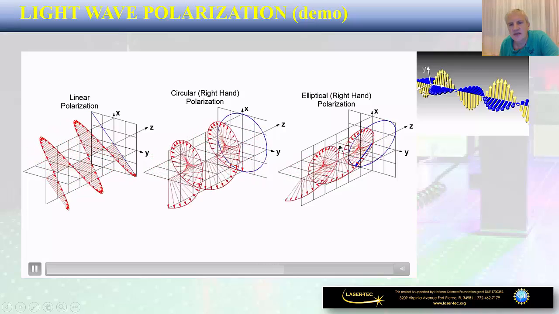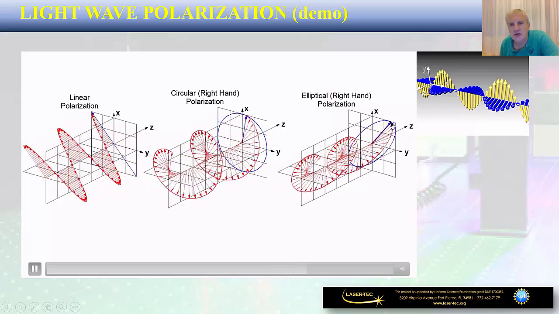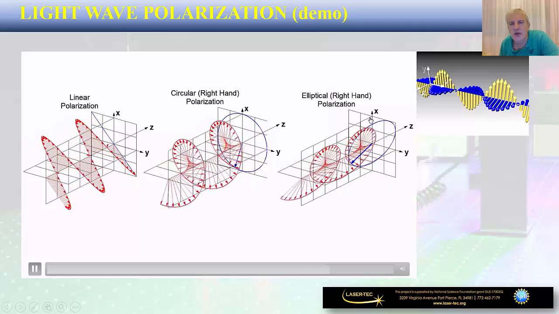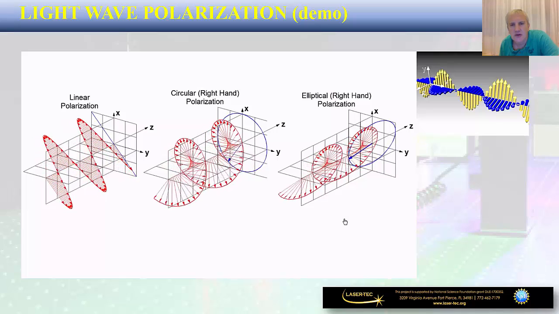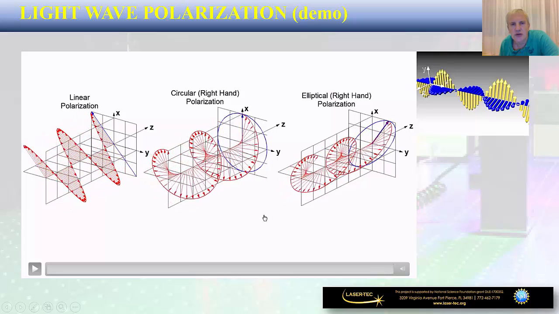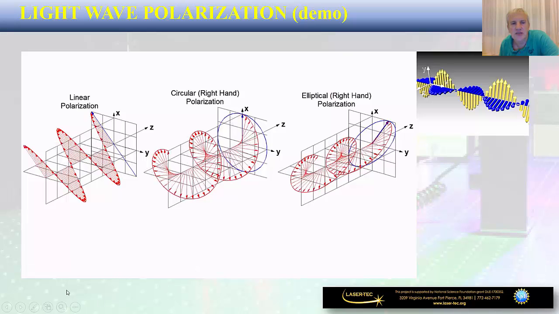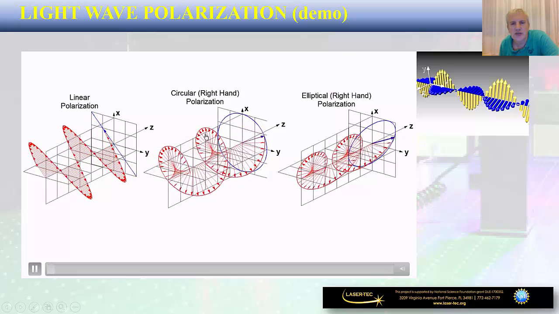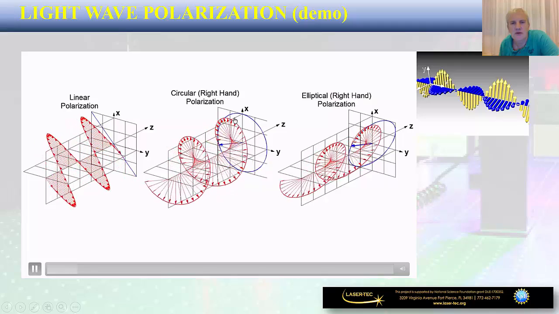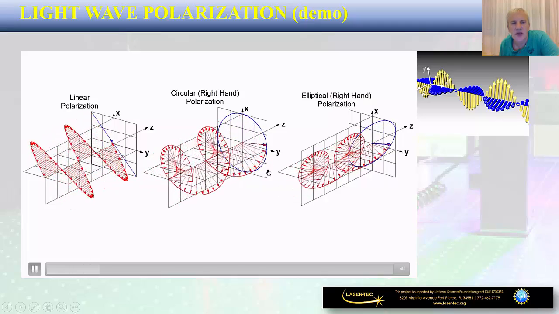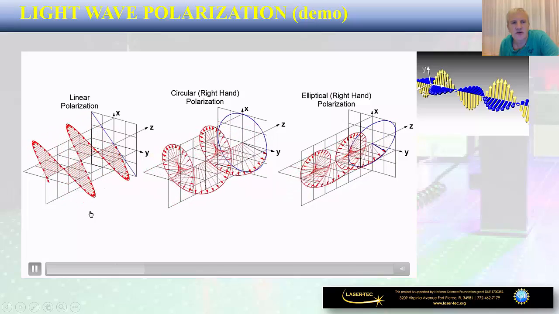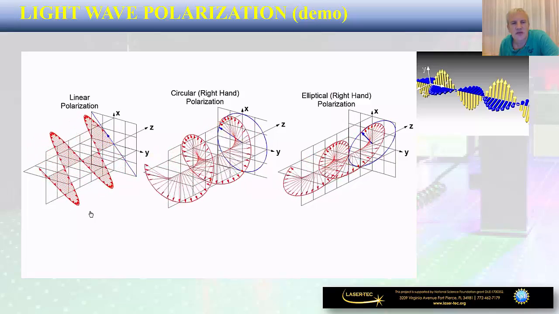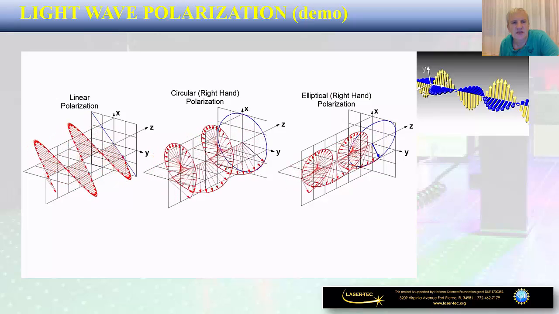And finally, on the right-hand side, we see that the vibration is occurring along an elliptical shape, so we're talking about so-called elliptical polarization. Circular and elliptical polarization can also be defined as either left-hand or right-hand, based on whether the vibration occurs counterclockwise or clockwise, while linear polarization can be either horizontal or vertical, based on the plane in which the vibration takes place.